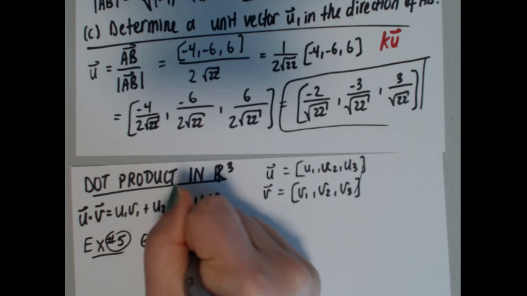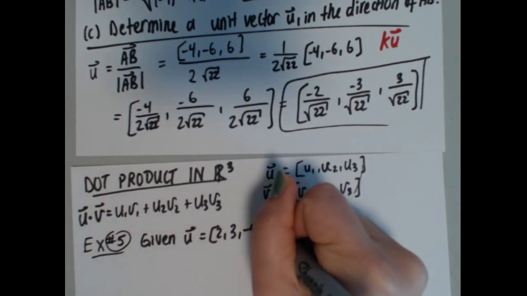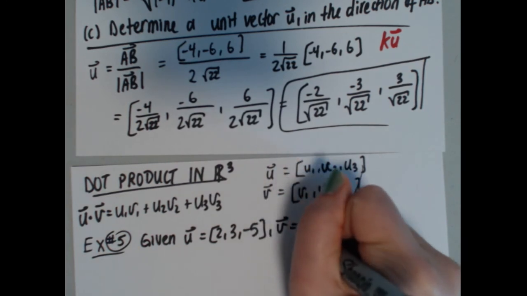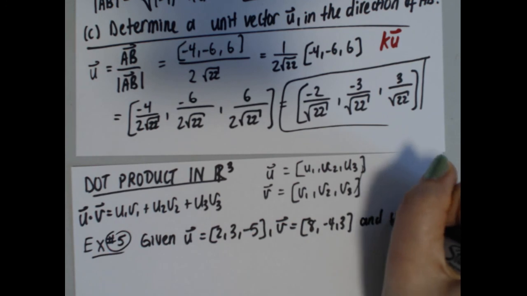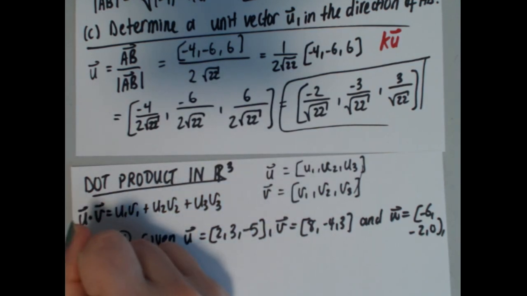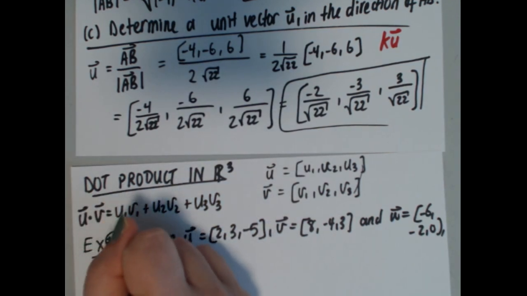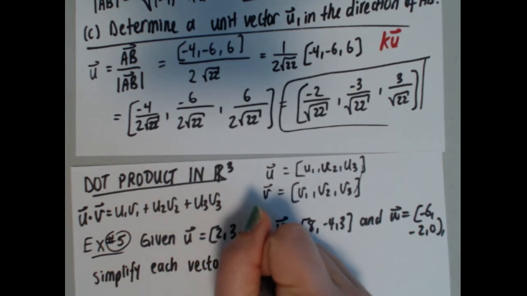So given u, which is 2, 3, -5, v, which is 8, -4, 3, and w, which is equal to -6, -2, 0. Simplify each vector expression.